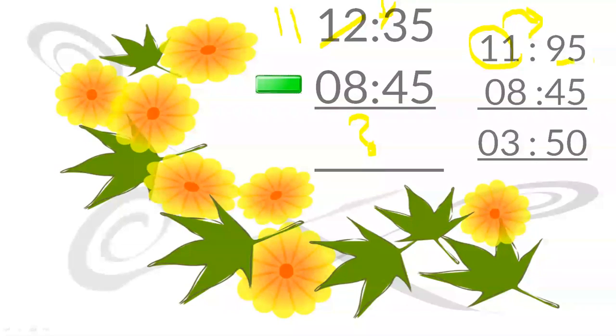But what happens in 35? When I'm taking one carry from there, it means I am taking 1 hour from there. And 1 hour means I have 60 minutes more. They are giving me 60 minutes when I'm taking 1 hour from there.